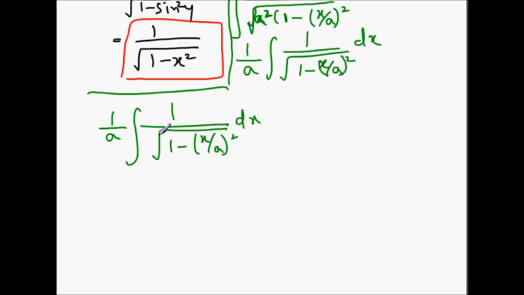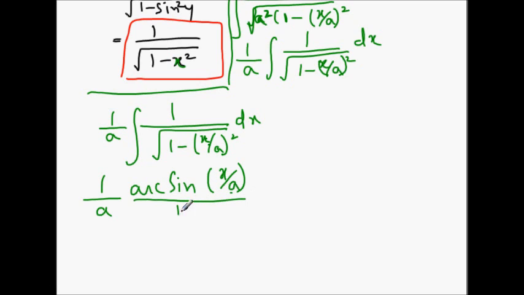Now we know that 1 over root of 1 minus x square is arc sine, just now we found. So 1 over a arc sine of the variable inside the bracket, which is x over a the whole square. If it was x square, we had sine x, but here it is x over a. Therefore it is arc sine of x over a divided by 1 over a, as we have integral of composite functions with linear functions, right?